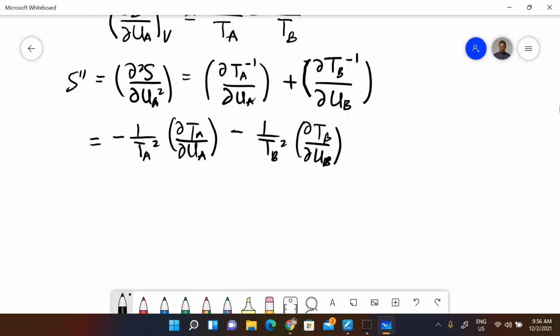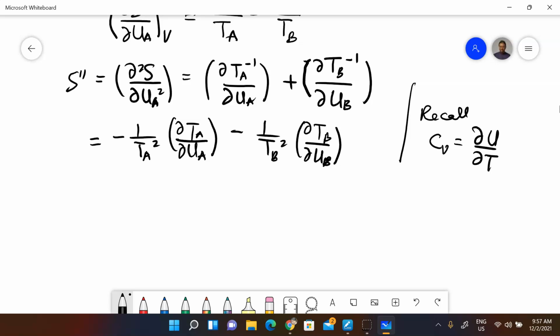Recall, let me just put aside here, recall your heat capacity at constant volume is given by dU/dT.